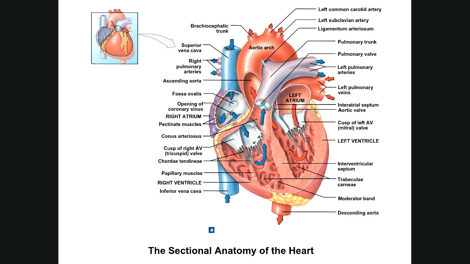So they will go to the lung, drop off CO2, and pick up oxygen. And then it comes back through the left pulmonary vein into the left atrium.